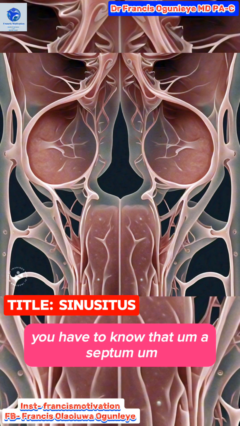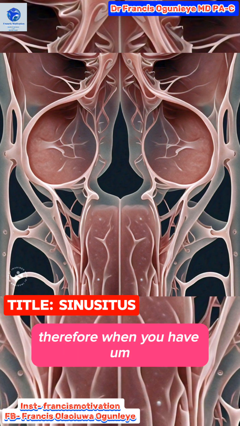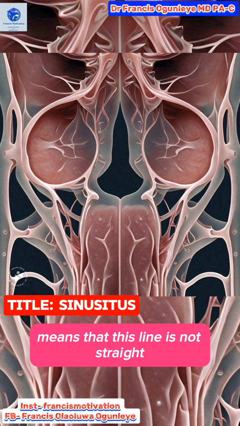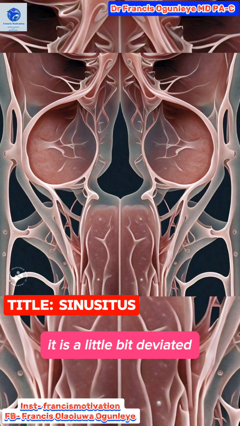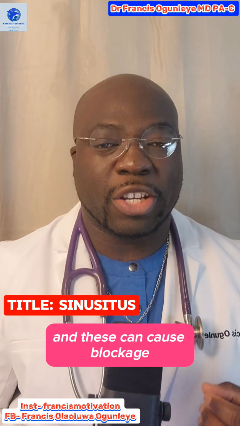A septum is a line of tissue that divides your nose. Therefore, when you have a deviated septum, it means that this line is not straight, it is a little bit deviated, and this can cause blockage.